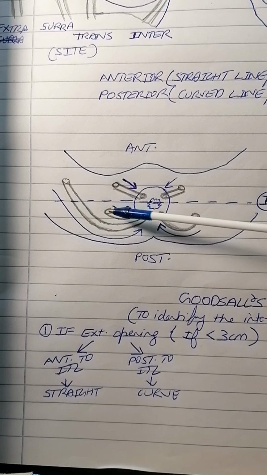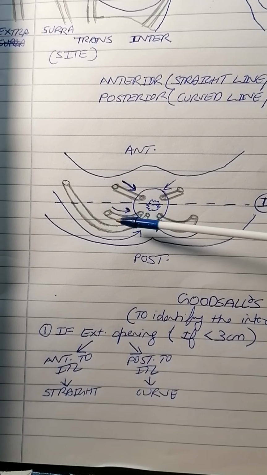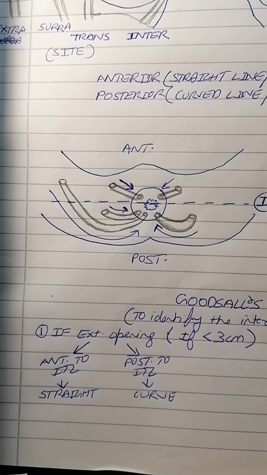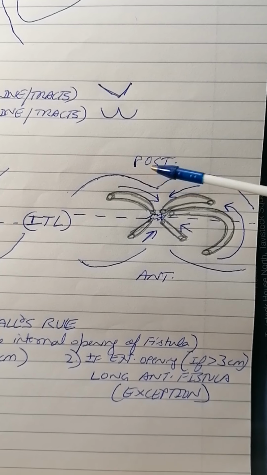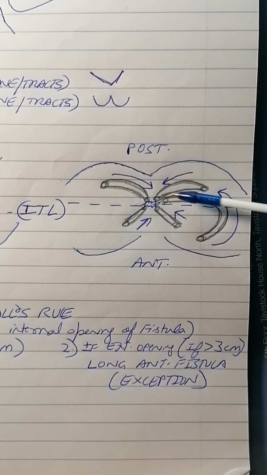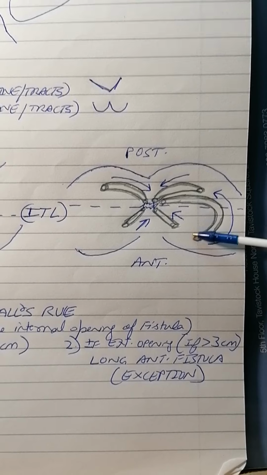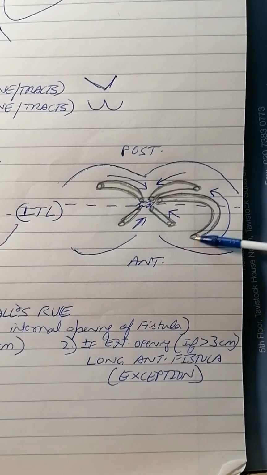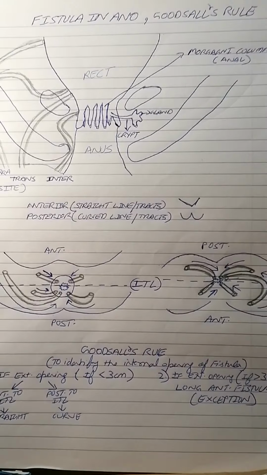And if it's less than 3 centimeters but posterior, the external opening would give a curve. But the exception would be if the external opening is more than 3 centimeters away and present in the anterior region, then it would be a curve instead of straight. All right, that's all. Thank you.